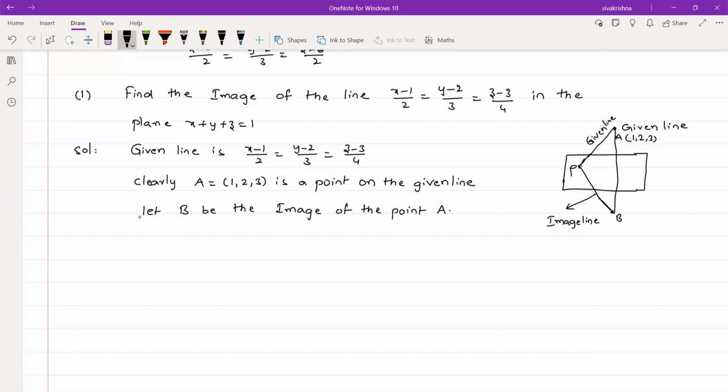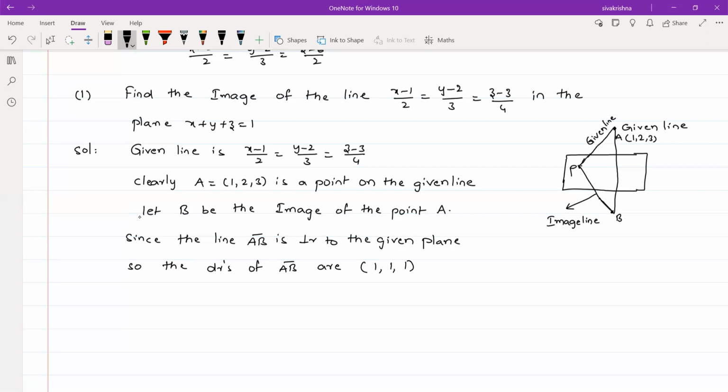Since the line AB is perpendicular to the given plane, the DRs of AB are the coefficients of x, y, z in the given plane, which are 1, 1, 1.